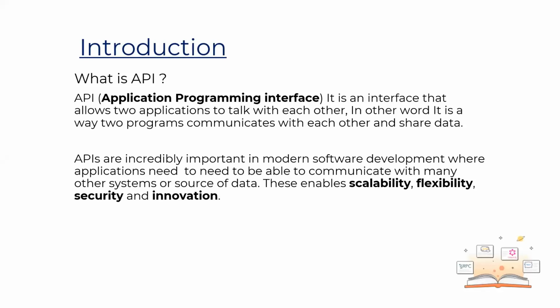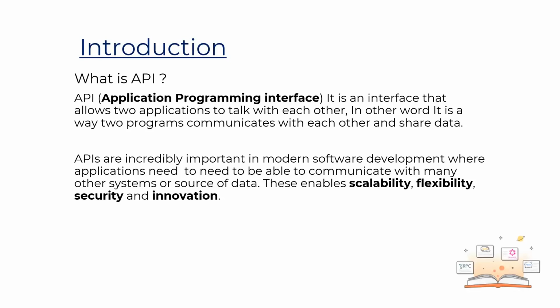API is rapidly used these days. It's very difficult for people to build a product or an application these days without some sort of API being embedded into it, right? So APIs are incredibly important in modern day software development, where applications need to communicate with each other and share data.